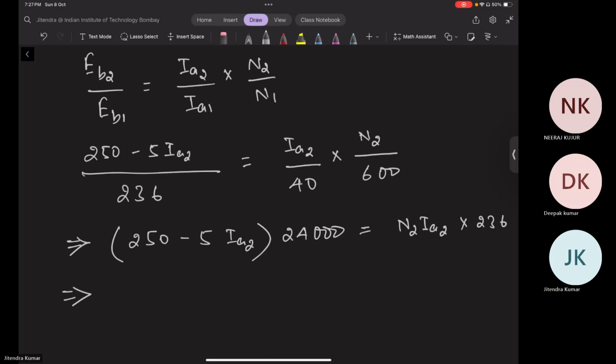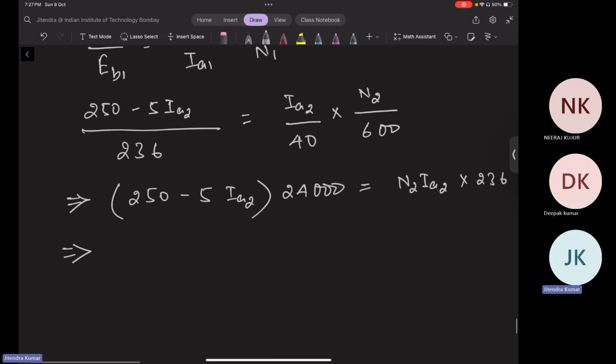So first we should try to divide. If it is divisible by 236, 24,000 divided by 236 is approximately 101.7. So anyway, 250 minus 5 Ia2 is equal to... we want to find the current, right?